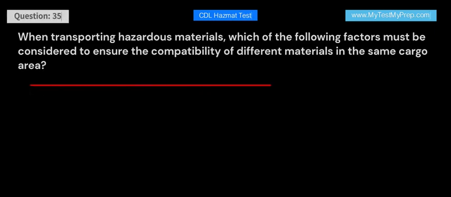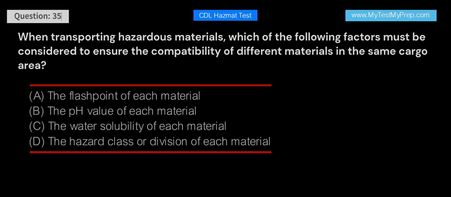When transporting hazardous materials, which of the following factors must be considered to ensure the compatibility of different materials in the same cargo area? A. The flash point of each material. B. The pH value of each material. C. The water solubility of each material. D. The hazard class or division of each material.